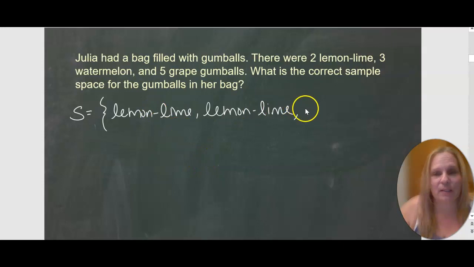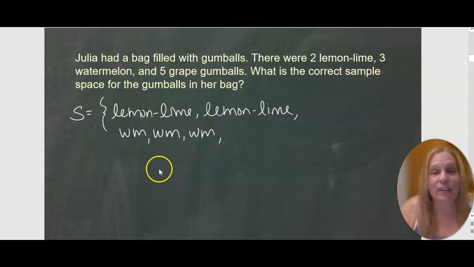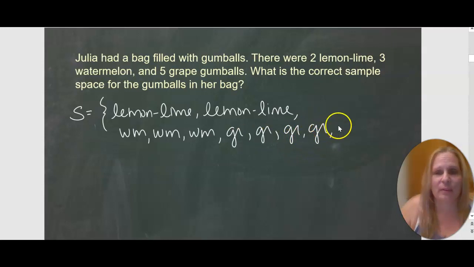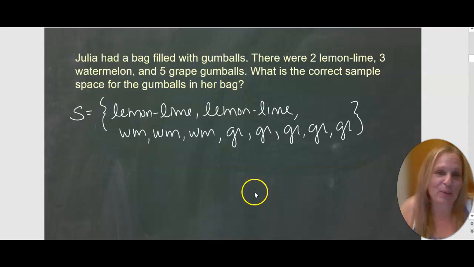Then 3 watermelon. I'm just going to use WM for watermelon, okay? So I'm going to go to the next line. Watermelon, watermelon, and watermelon. And then there's 5 grape. So I'll use GR. Grape, grape, grape, grape, and grape. You guys can understand my sort of cursive, right? So that would be our sample space for the gumballs in the bag.